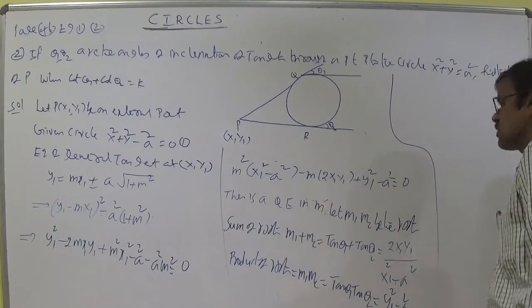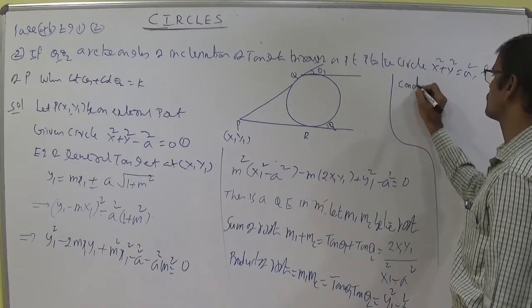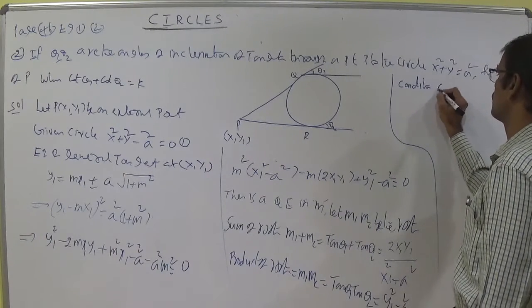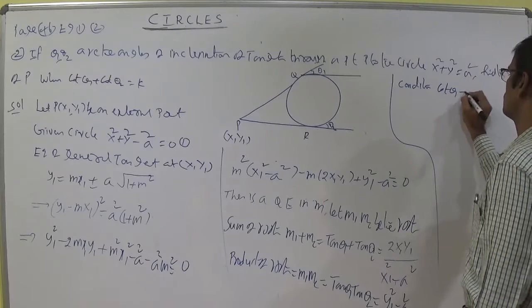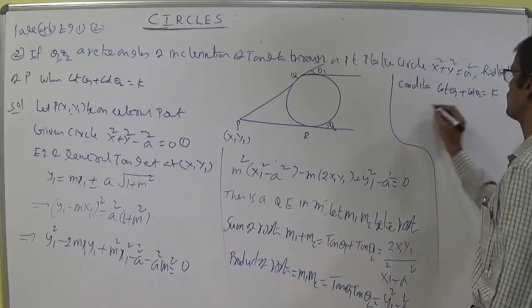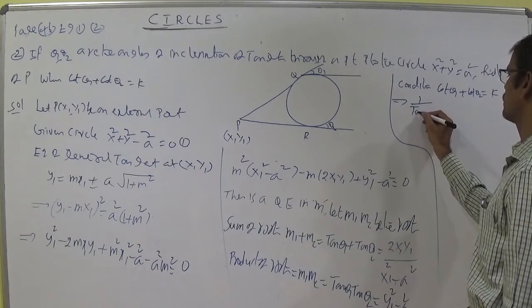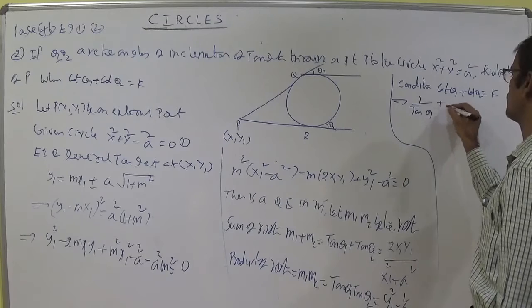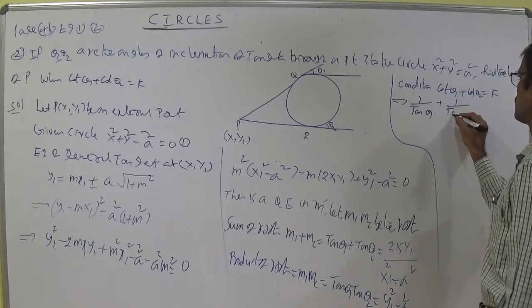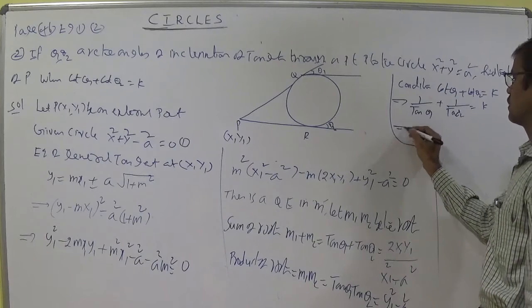Now the condition is cot theta 1 plus cot theta 2 is equal to k. This can be written as 1 by tan theta 1 plus 1 by tan theta 2 is equal to k.